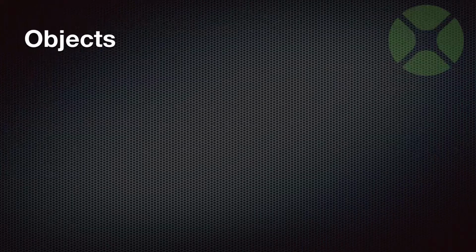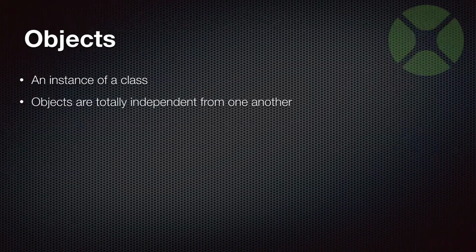The objects are how you're going to use these things. So an object is an instance of a class. You have your class design, and you can make it real, so to speak, by creating it as an object that you can then use and interact with. And objects are totally independent from one another. So it's important to understand that you can have a single class, but from it, you can create multiple objects, each of them totally independent from each other.